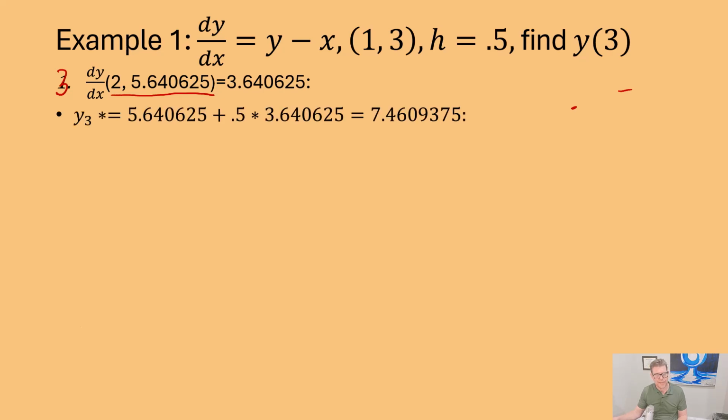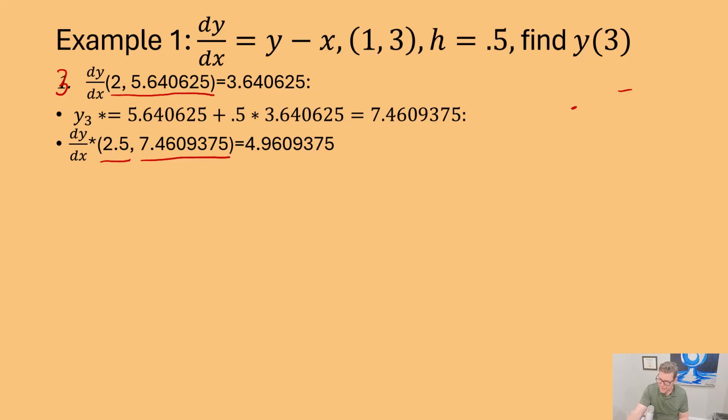And so my y3 star is going to be the next point utilizing that slope, 3.640625. So that's going to be 7.4609375. Then my next dy/dx at the next x, the next y, it'll give me 4.9609375.